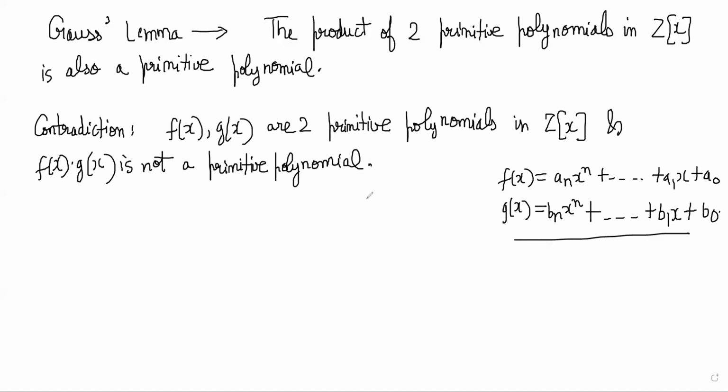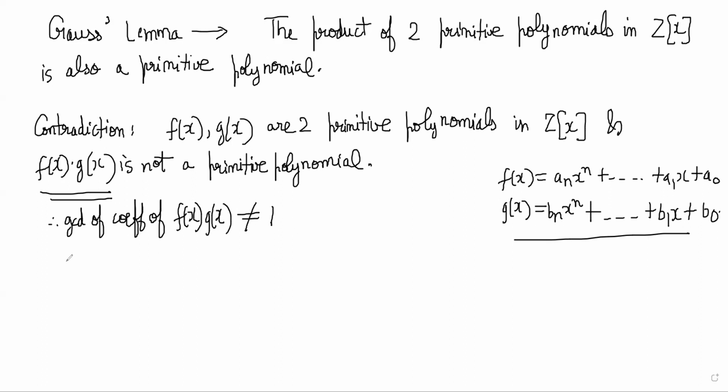So we know that f of x times g of x is not a primitive polynomial. Therefore, the GCD of coefficients of f of x times g of x is not equal to 1, which implies that there must be a prime p that divides the capacity of f of x times g of x.